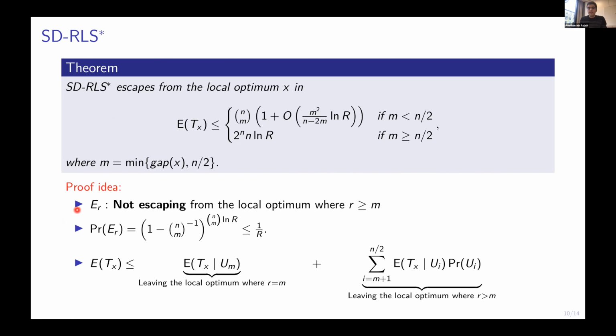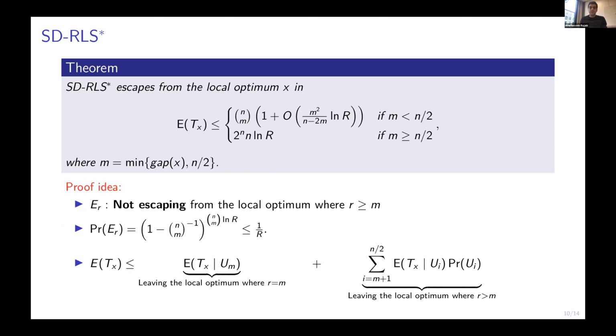This is the event of failure to find an improvement. This is the event of not escaping from the local optima, where the radius is at least the gap size. The probability of this event is small. It's at most 1 over R. So with probability at least 1 minus 1 over R, the algorithm makes progress.